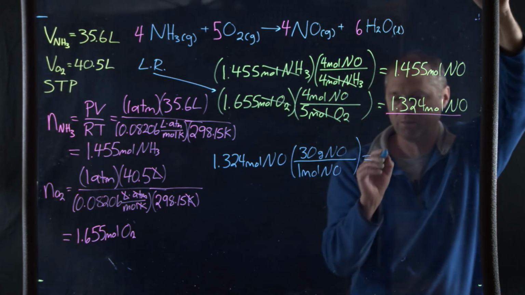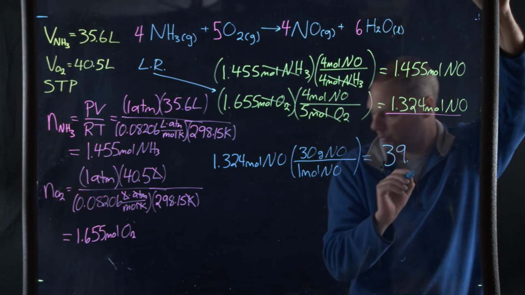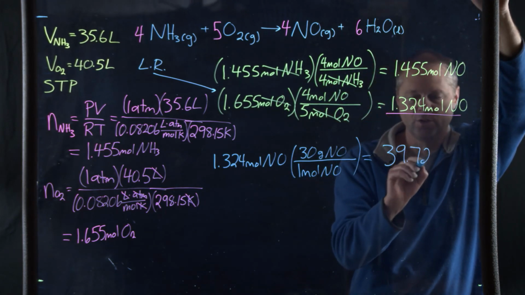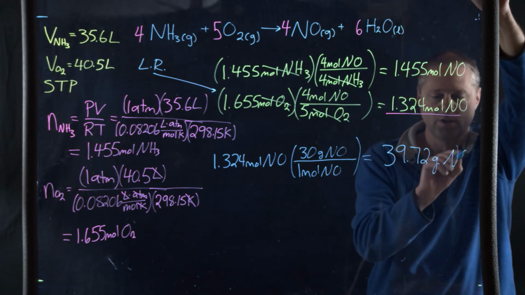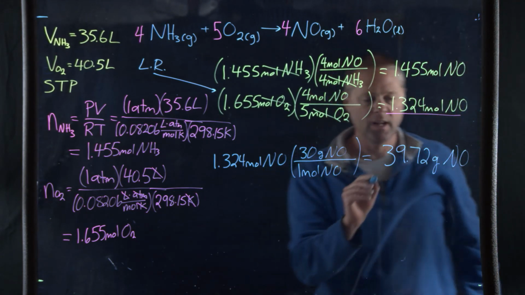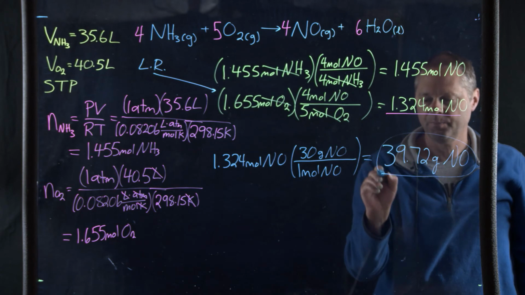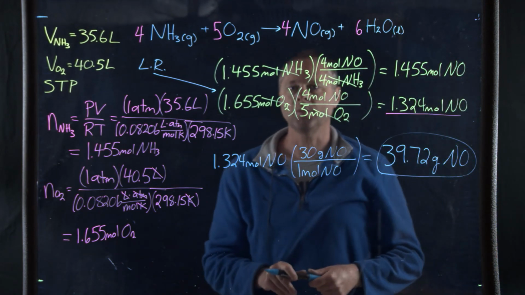We do that arithmetic, and we end up getting 39.72 grams of nitrogen monoxide is the mass of nitrogen monoxide that we can produce.